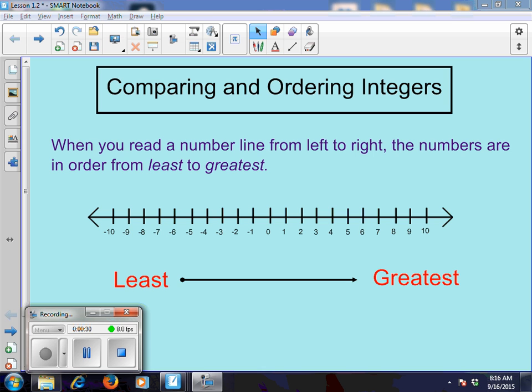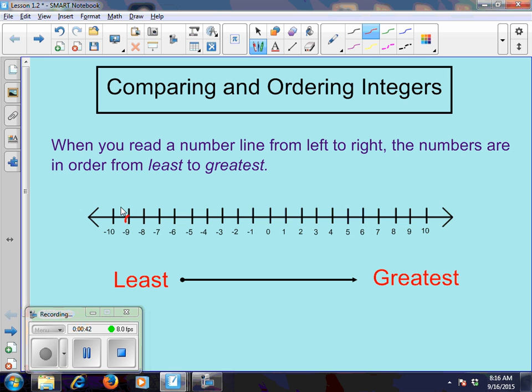To start, we can also say that all negative numbers are always less than positive numbers. But when you're looking at two negative numbers, for example, -9 and -4, it might be hard at first to think about which one is less than the other.